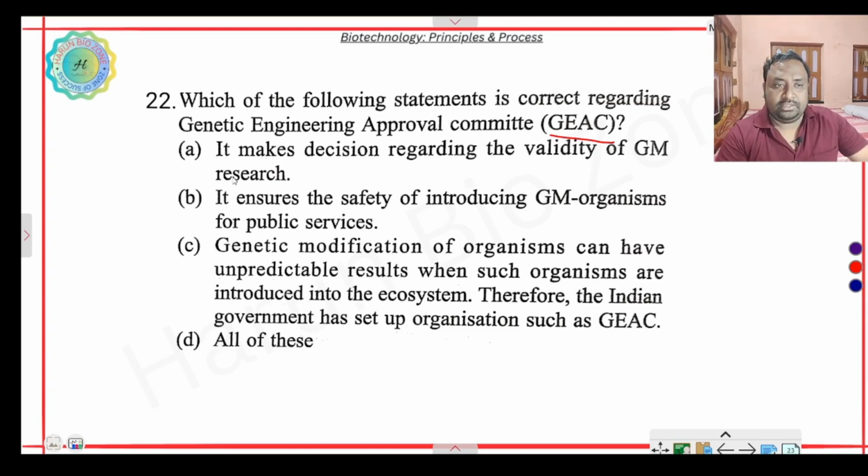They research. It ensures the safety of introducing GM organisms for public service. Genetic modification of organisms can have unpredictable results when such organisms are introduced into the ecosystem. Therefore, the Indian government has set up an organization like the Genetic Engineering Approval Committee. Here all of the above is the correct answer.